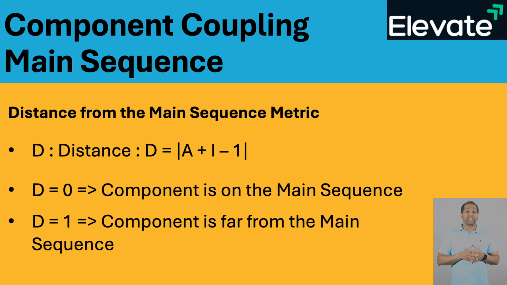Now we can create our third metric to determine how far a component is from the main sequence, called distance, which is the magnitude of abstractness plus instability minus 1. A D-value of 0 indicates that a component is on the main sequence, which is where we want it ideally, and a D-value of 1 indicates a component is further from the main sequence, and we will need to re-examine and restructure this component.